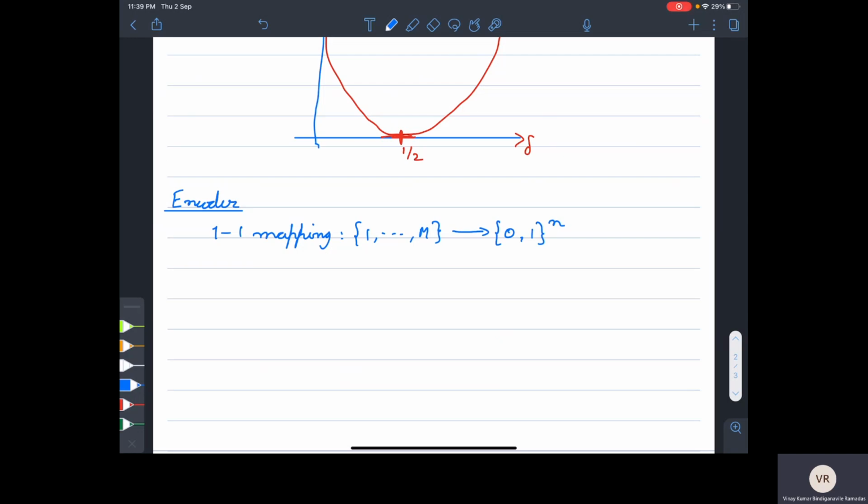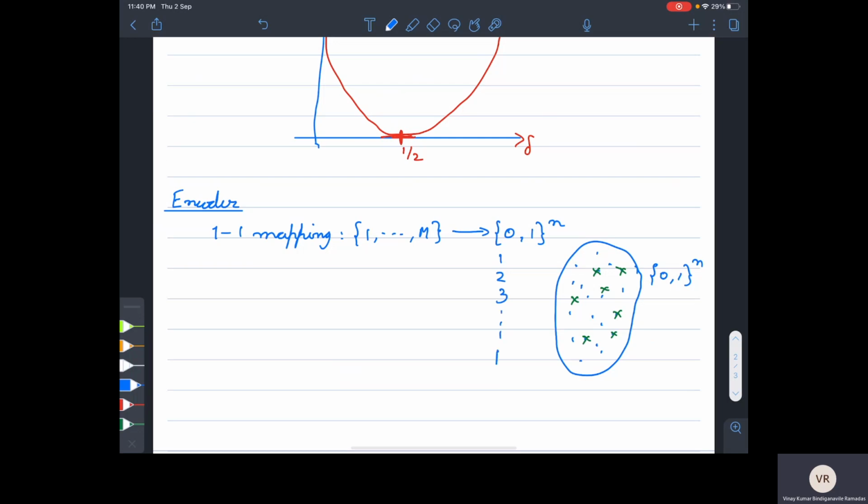For example, let's suppose this is your space 0, 1 to the n. Now there are some of these which get mapped to the messages 1, 2, 3 till m.